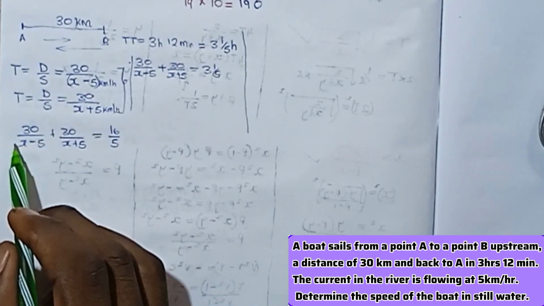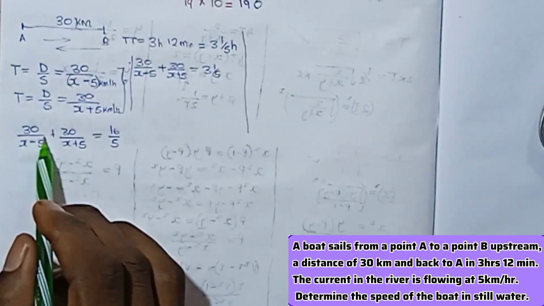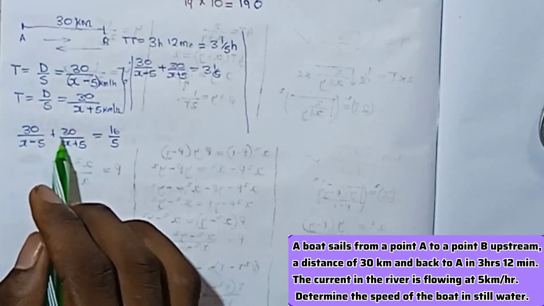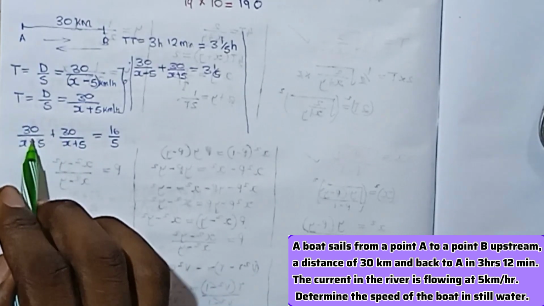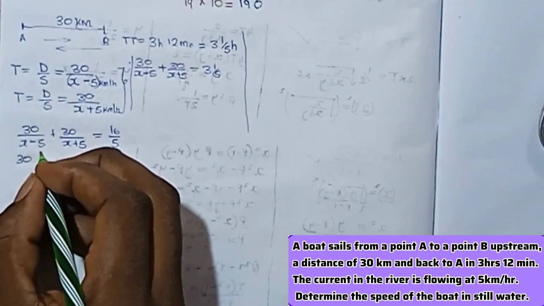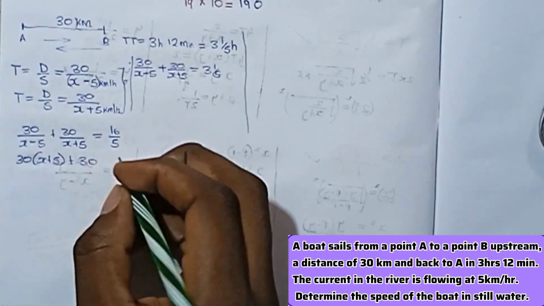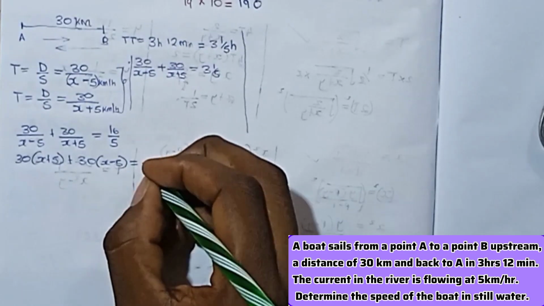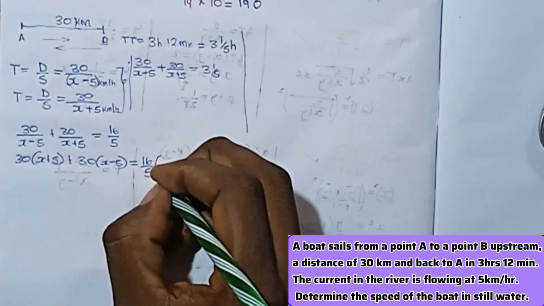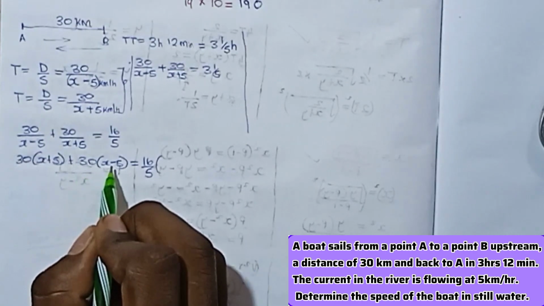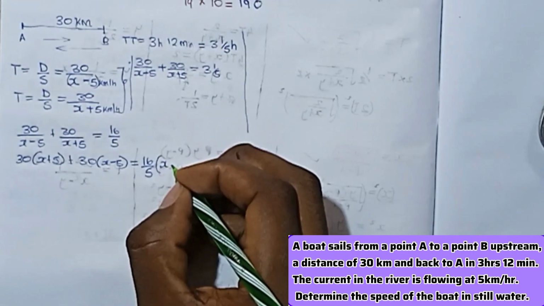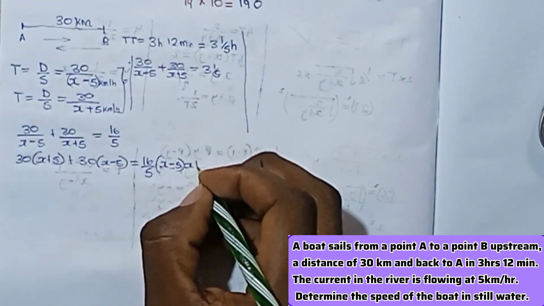So we are going to multiply each side by the LCM, which is x minus 5 times x plus 5. If we multiply the whole of this, the denominators will cancel. So we're going to have 30 into bracket x plus 5 plus 30 into bracket x minus 5, and on the other side 16 over 5 into bracket x minus 5 times x plus 5.